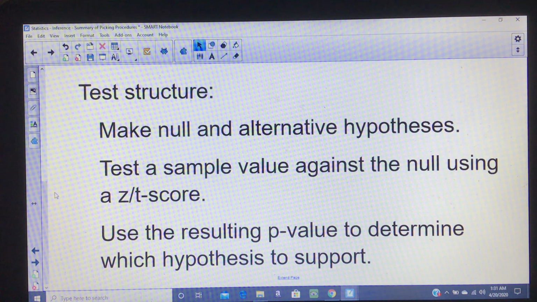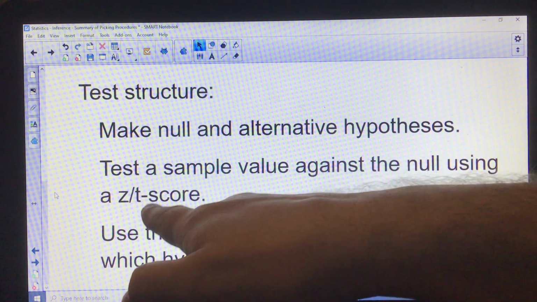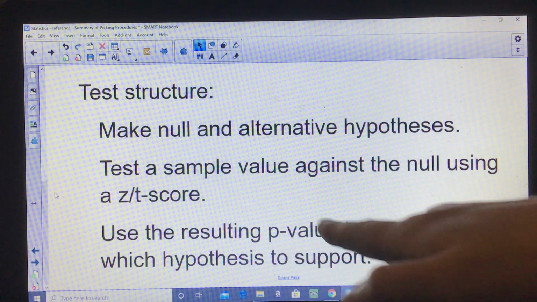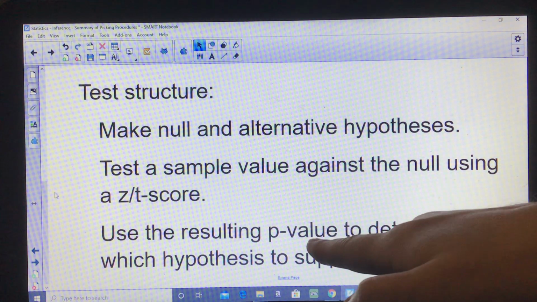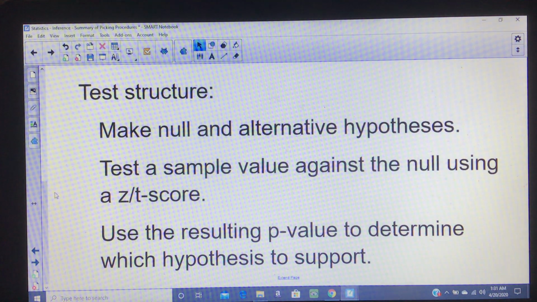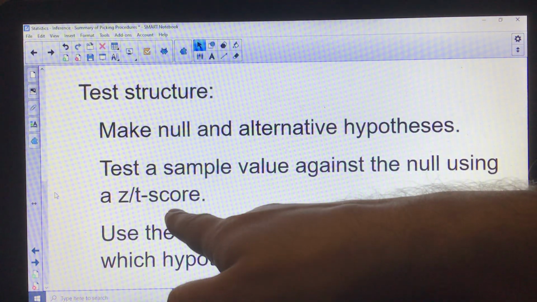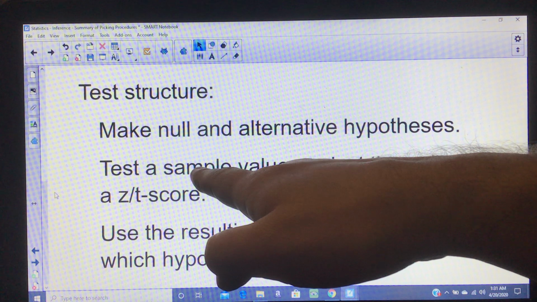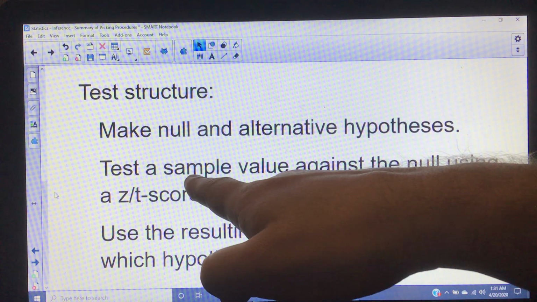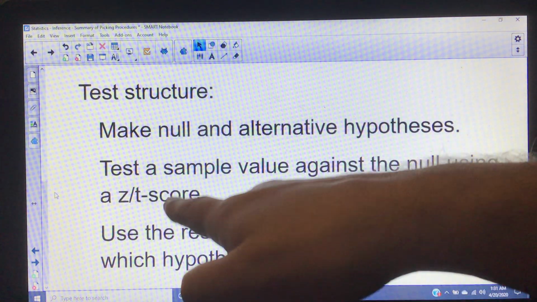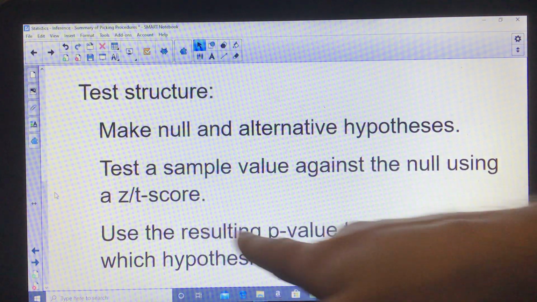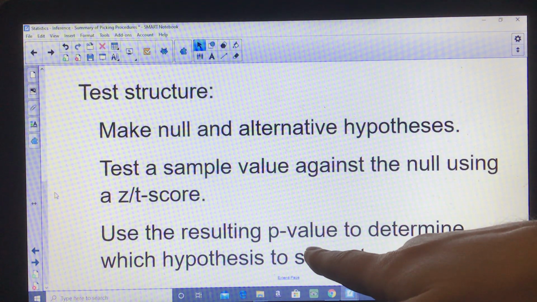So a value close to the null results in a high p-value, and a high p-value is consistent with the null. If we end up having a value that's really far away, our sample value is really far from our null, we'll have a very high z or t-score, and then that will create a low p-value.